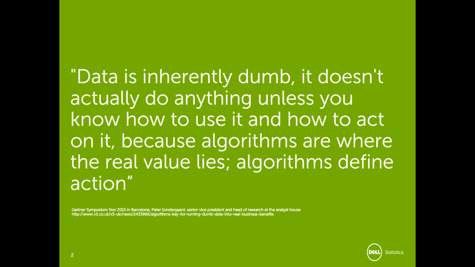So I really think that the algorithms define action, and the IoT is really going to bring about sentient tools. So when you look at the 50 billion connected devices, 17% of them are going to be computers, so PCs, smartphones, tablets, etc., and 83% of them will be devices. So these are sensors, and they will be embedded in smart appliances.